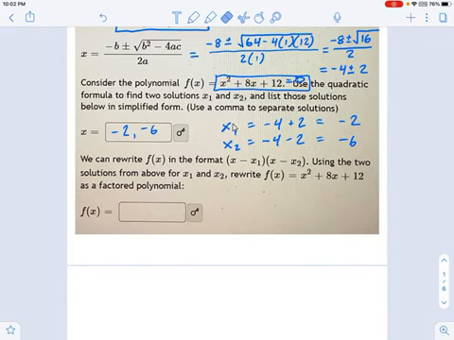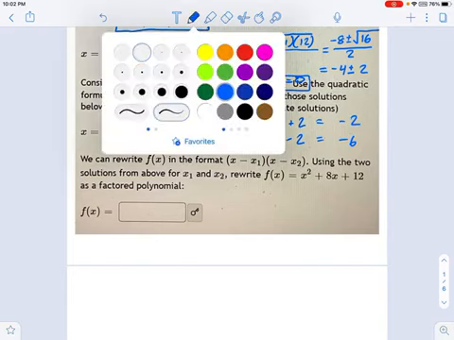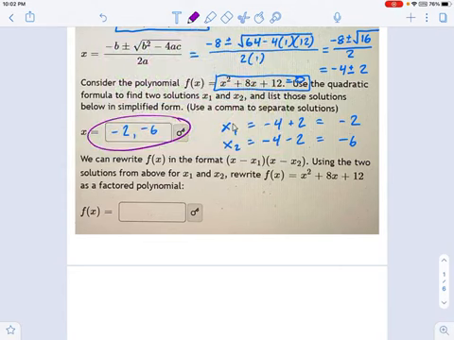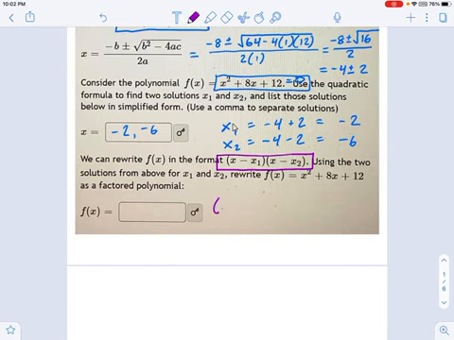Well, if these are our solutions, I know we can rewrite it in this form: x minus x1 and x minus x2, which for us looks like this. x minus negative 2 and x minus negative 6. That's our factored form, which you can write much more nicely like this: x plus 2 times x plus 6.